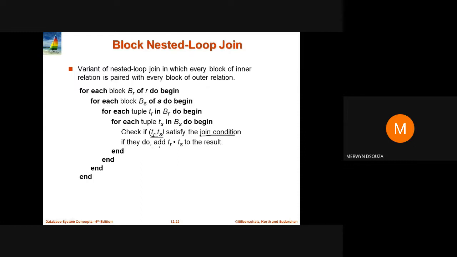If they do, then we add that join to the result, and we end all the for loops. You need to remember that from here it is basically just your nested loop join. Here we are fetching the blocks like I explained at the beginning.